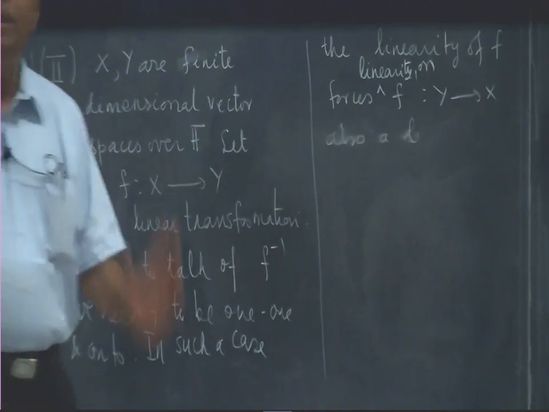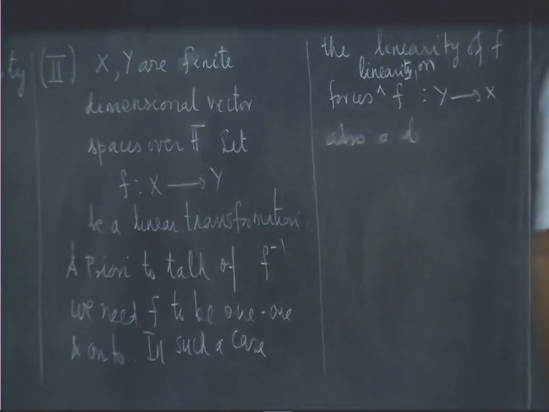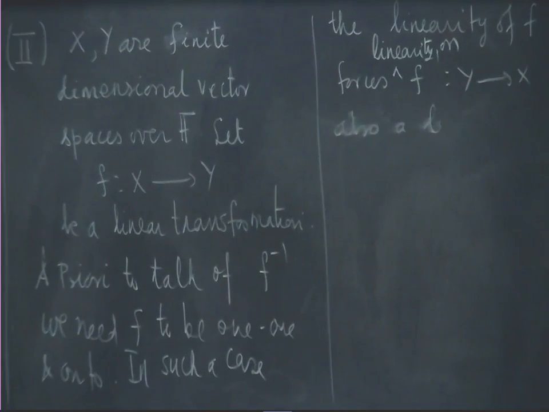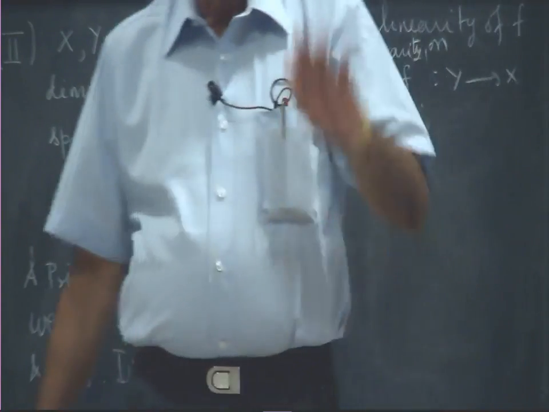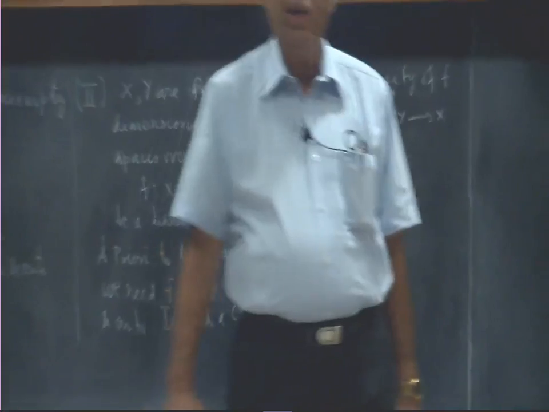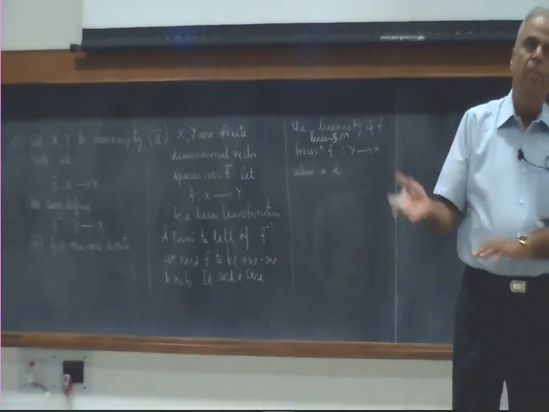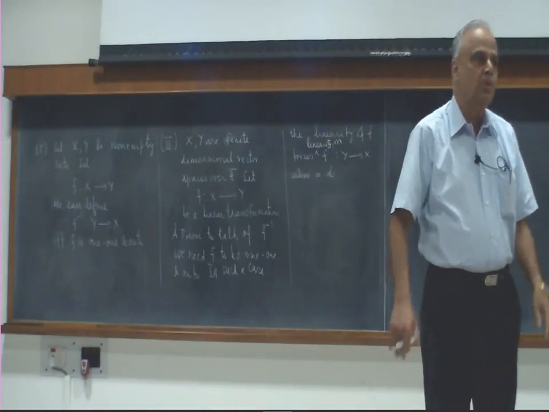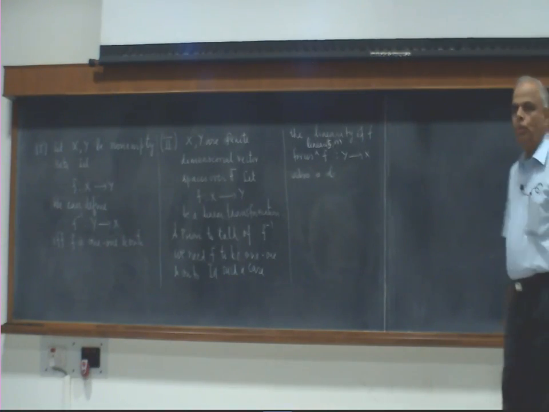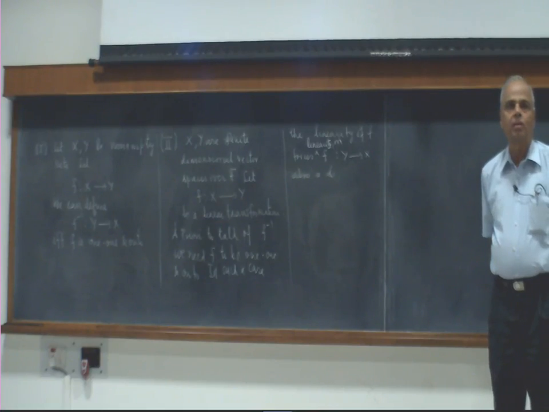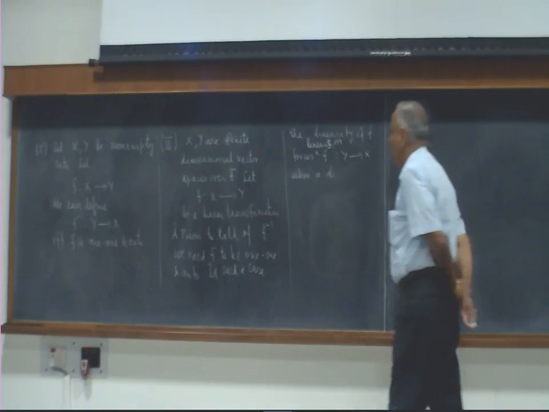So automatically it is given to you. The moment you are given one-one and onto, you can define the inverse map, and that map automatically carries the property of linearity. So if you have a linear transformation from one vector space to another, and if that linear transformation is one-one and onto, then automatically the inverse is forced to be a linear transformation. So you don't have to do any extra work to get the inverse to be linear.